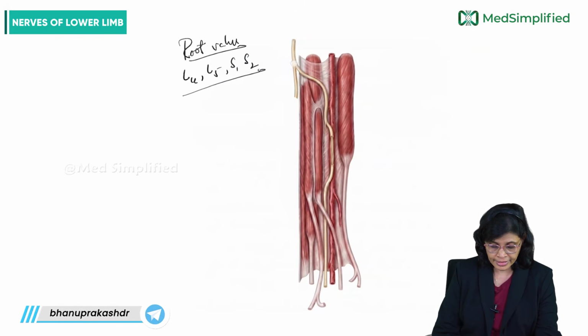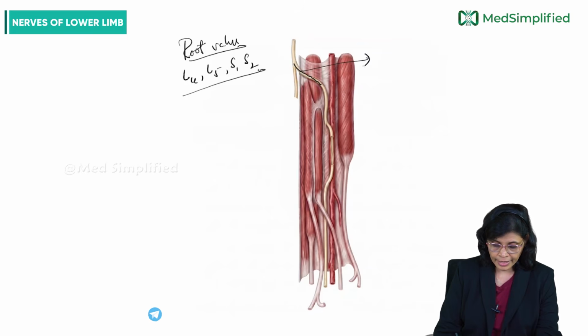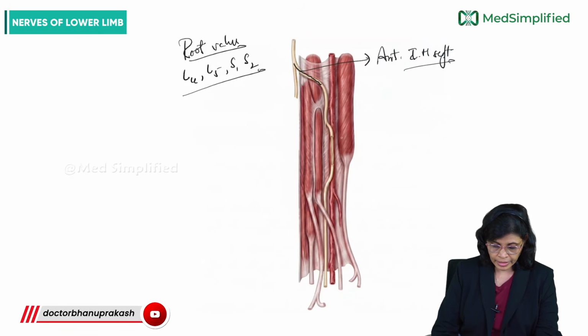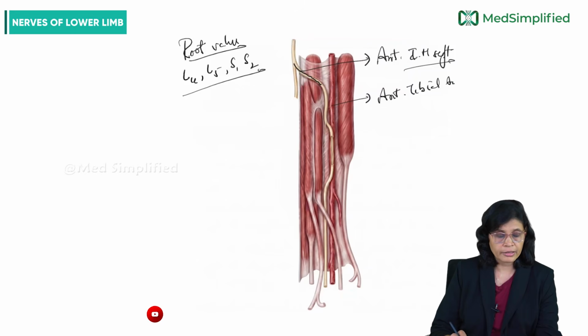Its root value is the anterior primary rami of L4, L5, S1 and S2. Then it enters the anterior compartment of the leg by piercing the anterior intermuscular septum. Here it runs along with the anterior tibial artery in the anterior compartment of the leg.